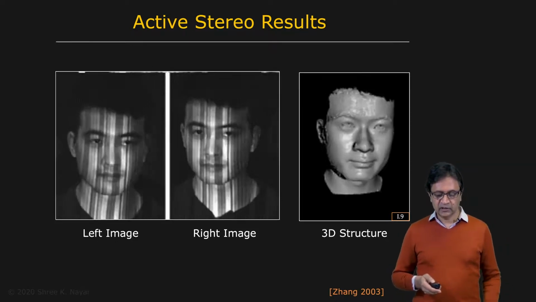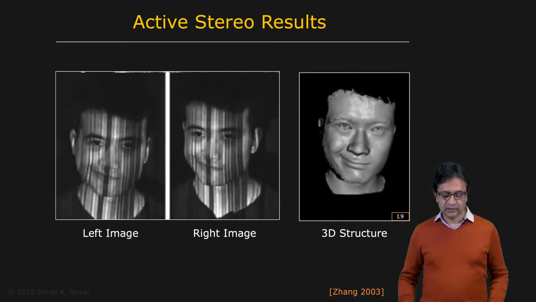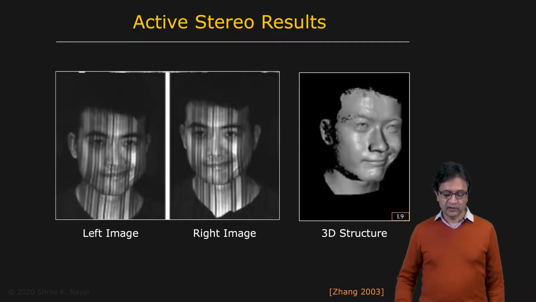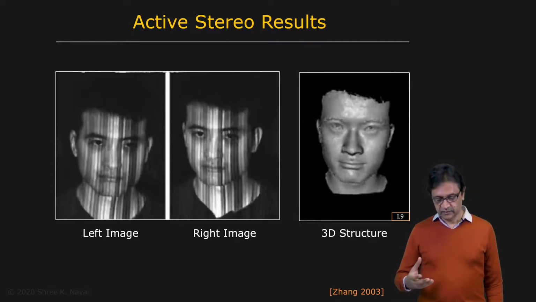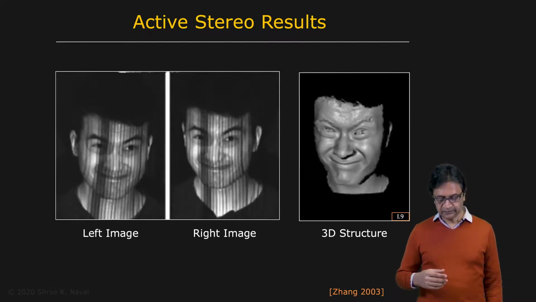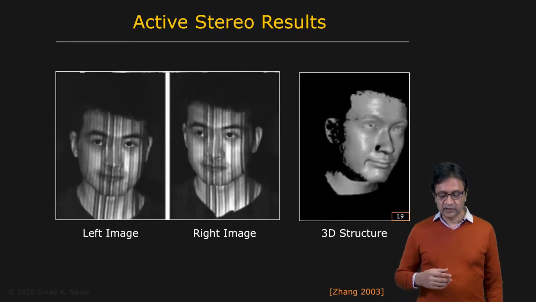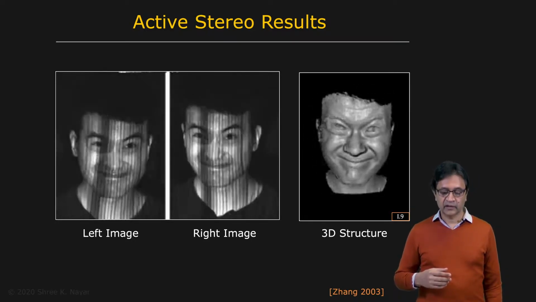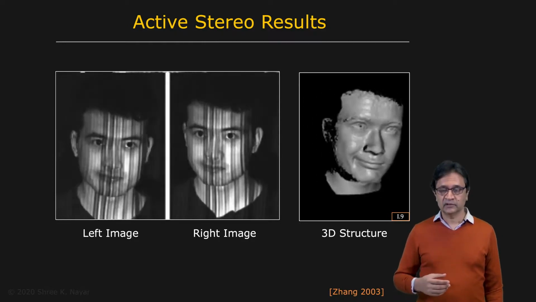So you can see here the type of information you're able to recover in terms of reconstruction. This is a real-time reconstruction of the face of this person, Li Zhang in this case, and it's being reconstructed with very high accuracy, to the point that you can actually do some expression analysis and so on.